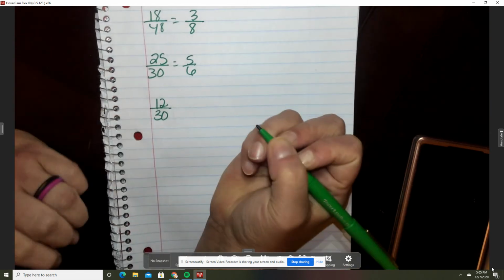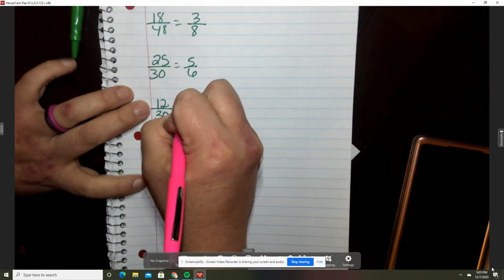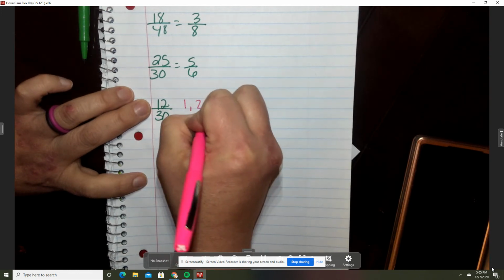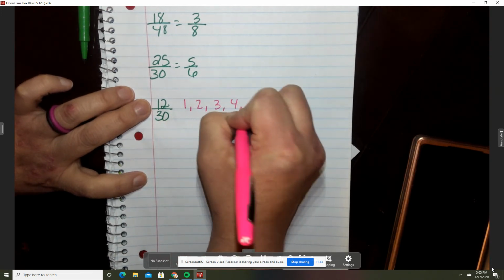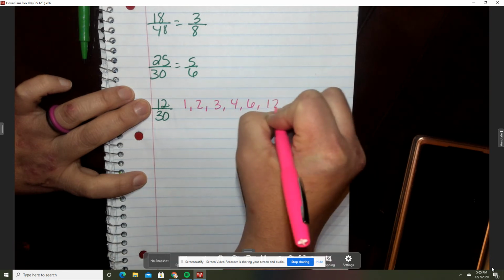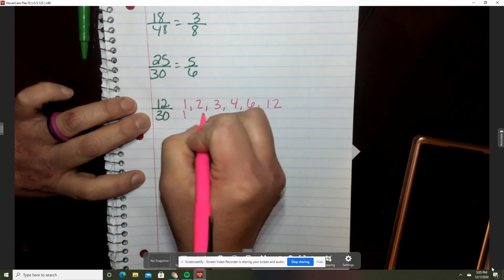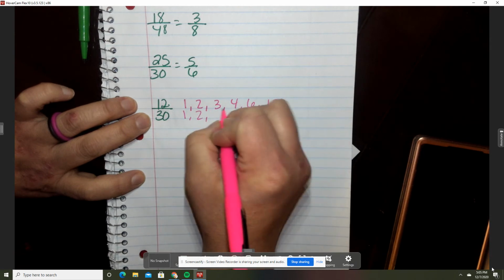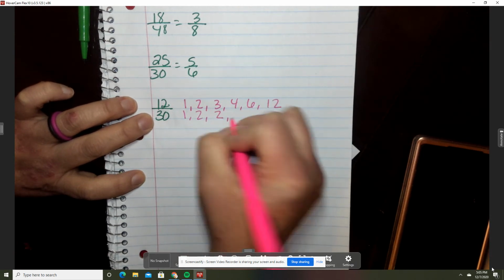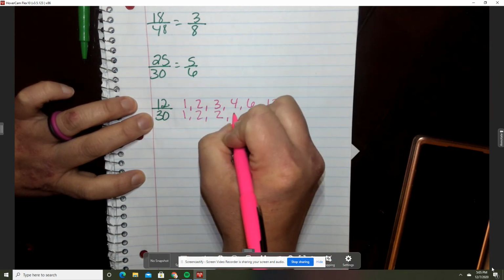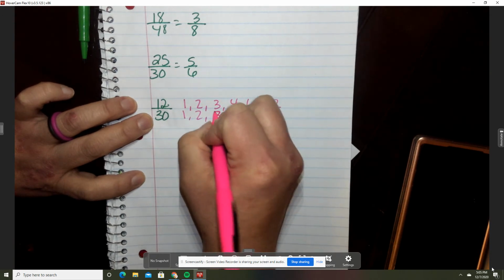Okay. Let's do 12 over 30. But let's go back to greatest common factor. So let's list those out. Our factors for 12 are 1, 2, 3, 4, 6, and 12. Our factors for 30 are 1, 2, 3. I put this 3.